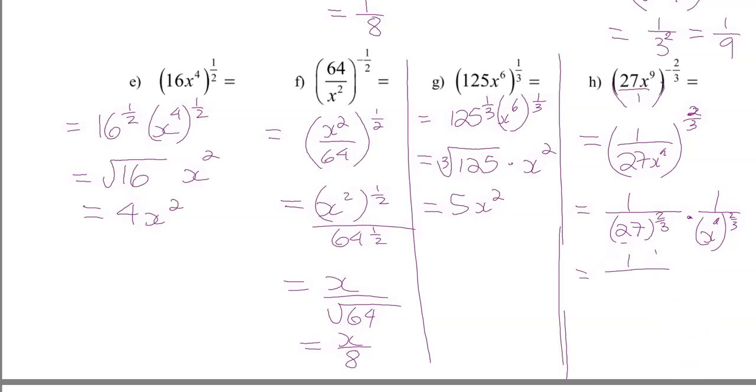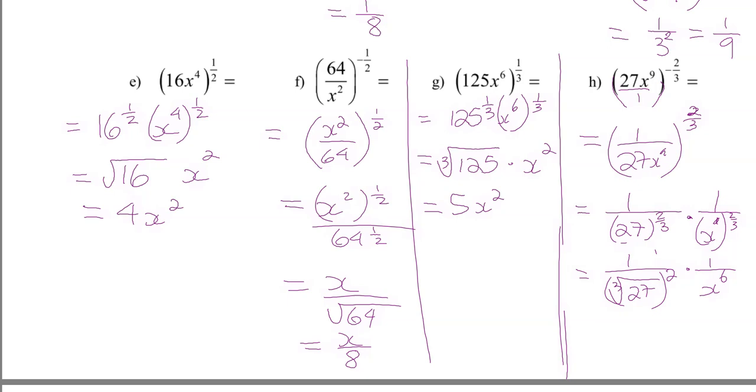So 1 over the cube root, okay, the 3 tells us we're doing a cube root, and the 2 tells us that we're going to take that result and square it. And this is 9 times 2/3, which would be 18 over 3, which would be 6. So that's x to the 6th.